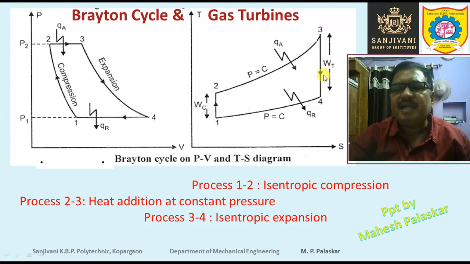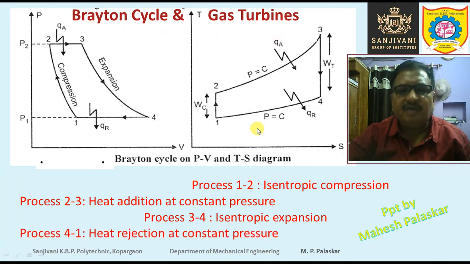So the turbine blades start rotating and we can obtain the mechanical power or mechanical work equal to WT from the turbine due to the expansion process, which is supposed to be the isentropic expansion if we consider the gas turbine based on the Brayton cycle.